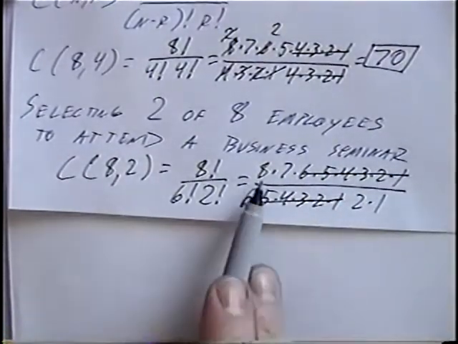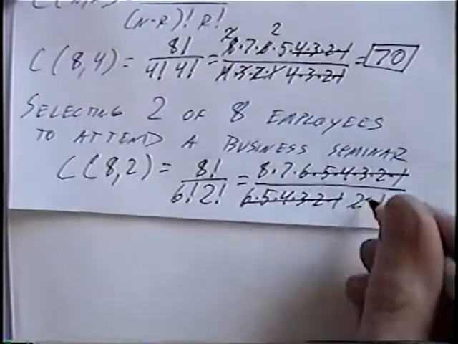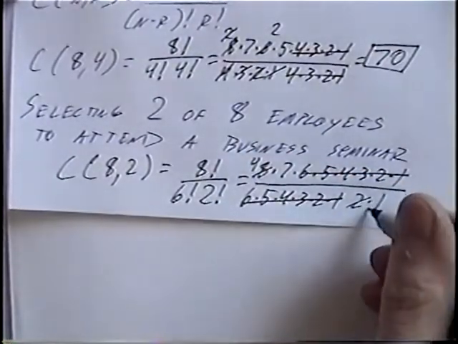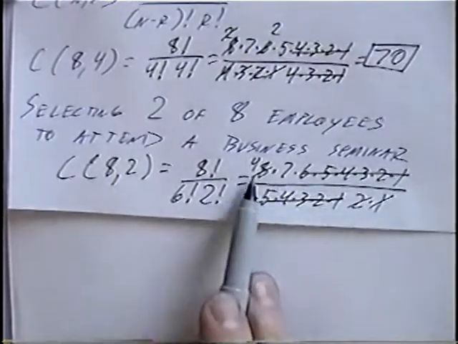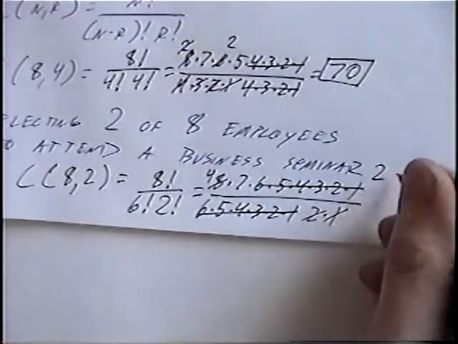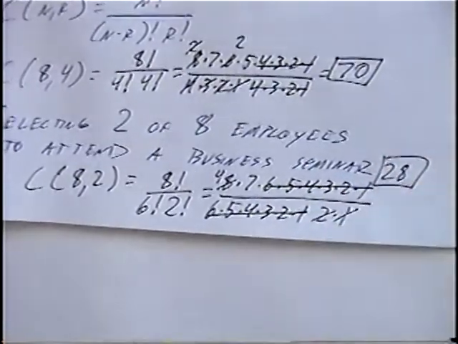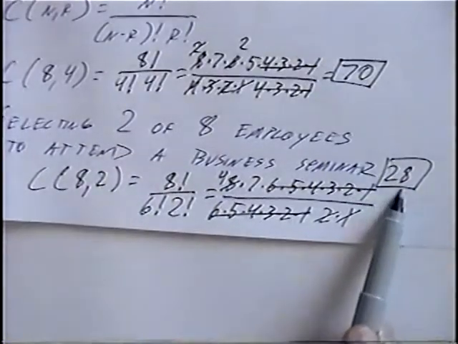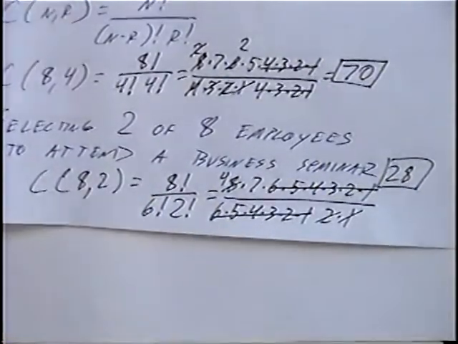And if we want to simplify even further, 8 divided by 2 would be 4. The 1 again in our denominator we can cancel out or ignore, and we're left with 4 times 7, which is 28. So in this case, if we have 8 employees and we want to select 2 of them, there's 28 different ways to select those 2 employees.